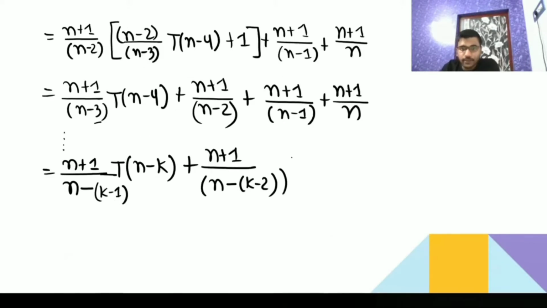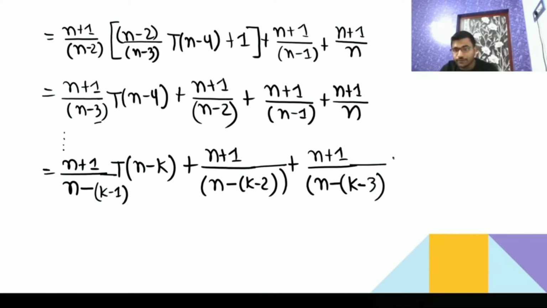Then (n plus 1) by (n minus k minus 3), now it's decreasing by 1. It was 2, so k minus 2, then again decrease by 1, so k minus 3, then k minus 4, (n plus 1) by (n minus k minus 4). It will keep on going like this.